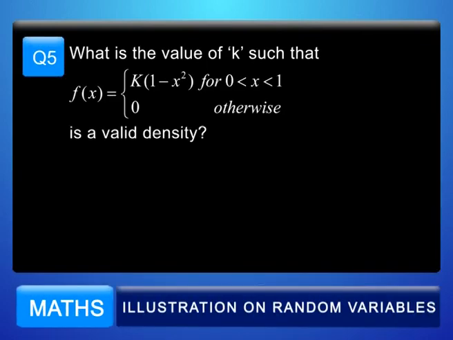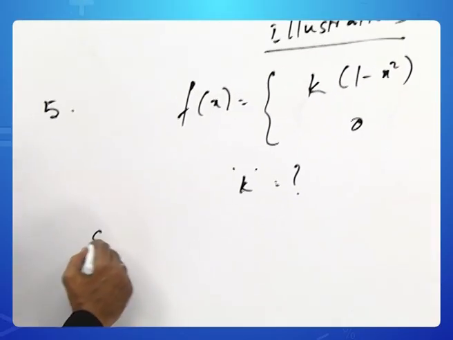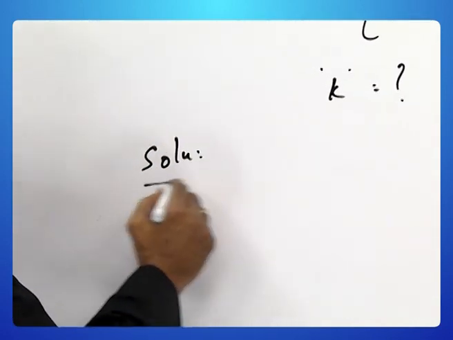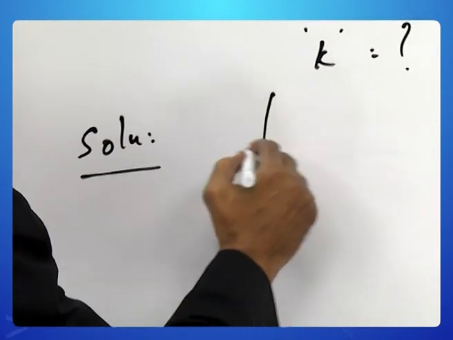Question number 5. What is the value of k such that f of x is equal to k into (1 minus x squared) for 0 less than x less than 1, and 0 otherwise, is a valid density? So let's go back to our basic concepts.